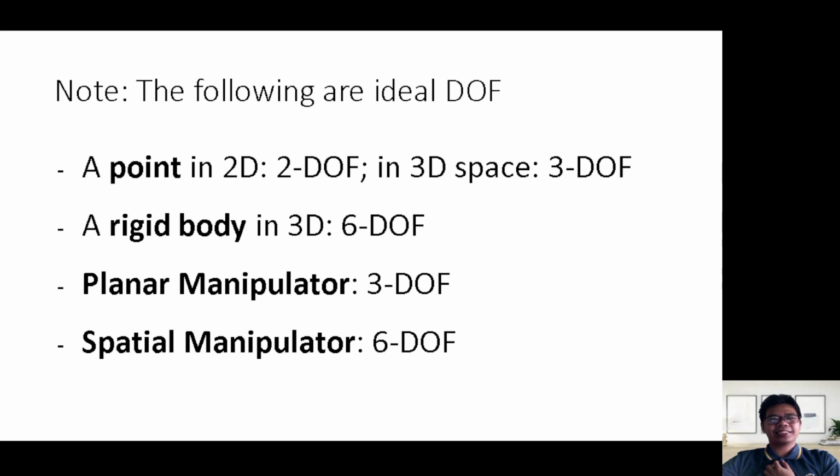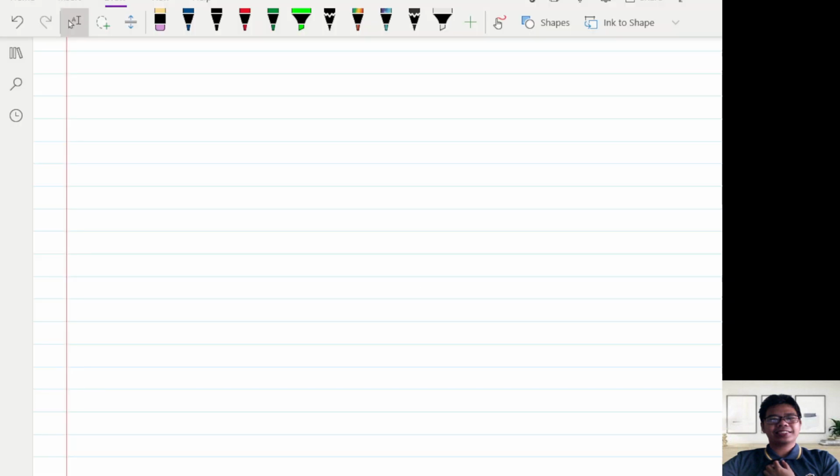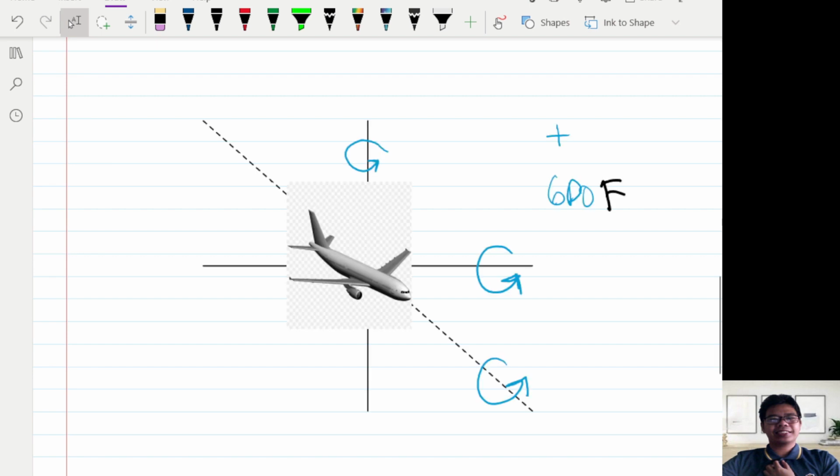An example of a solid object in an actual scenario is a flying plane. Okay, so a flying plane is a rigid body. It can move forward, backward, left or right, upward, and downward. So we describe those movements as x, z, and y.